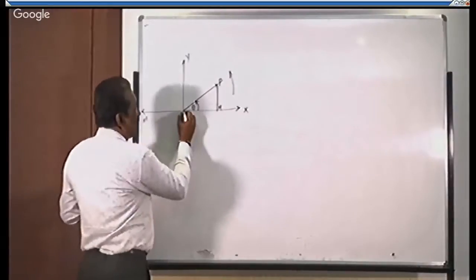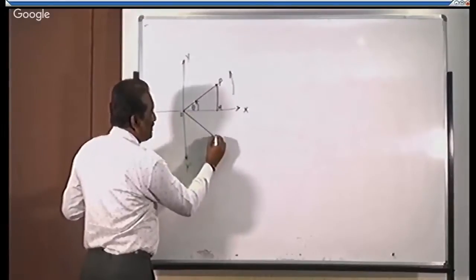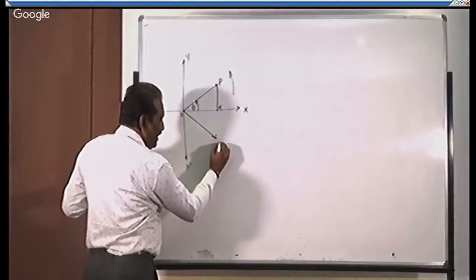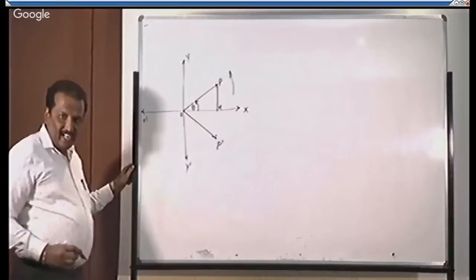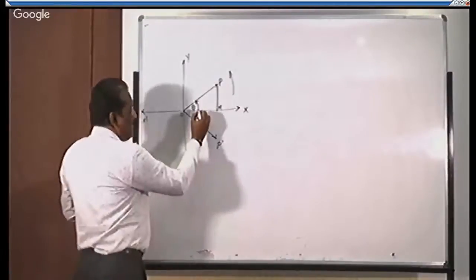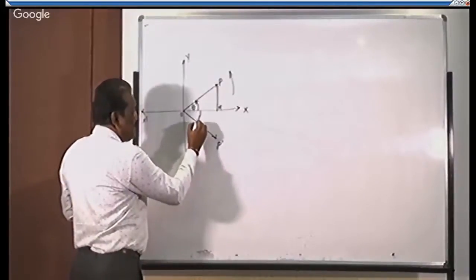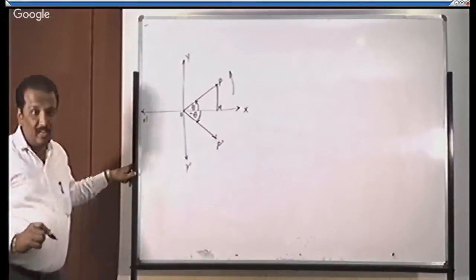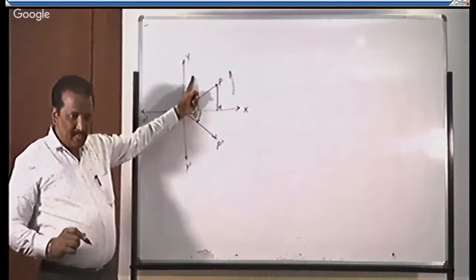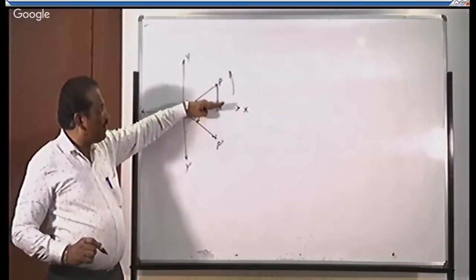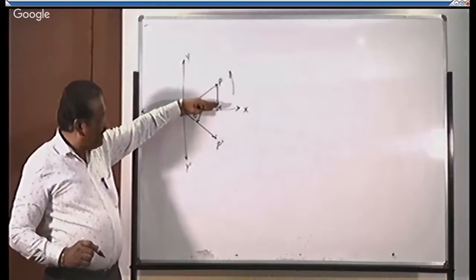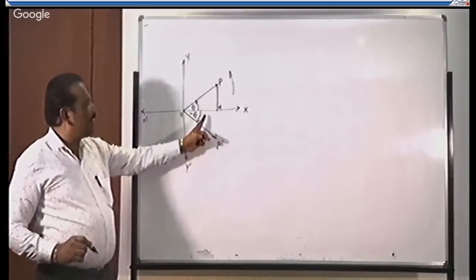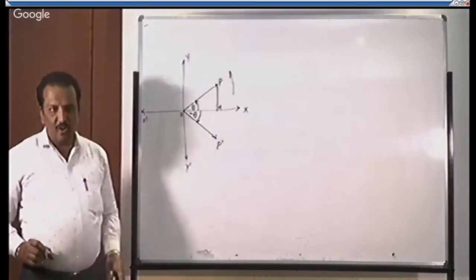Suppose it rotates in the clockwise direction like this. You may call this revolving line OP'. Now here the generated angle is not theta, it is minus theta. You should be very clear about the difference. Here it is plus theta because our revolving ray rotates in the anti-clockwise direction. Here it is minus theta because our revolving ray rotates in the clockwise direction.